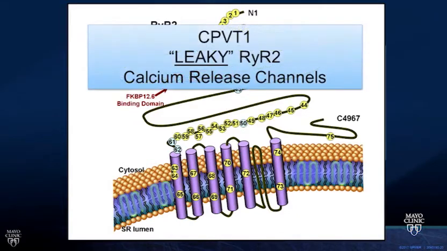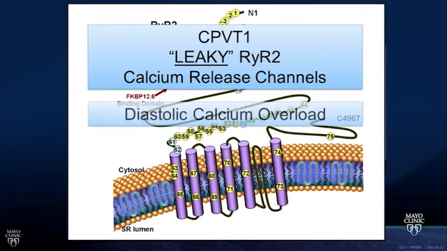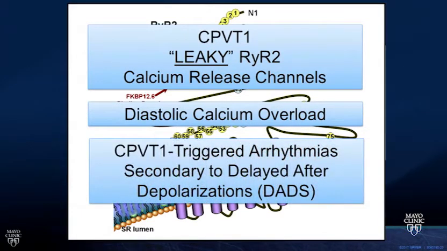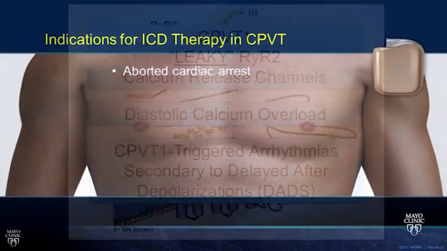So for CPVT, genetically we're dealing with leaky ryanodine receptors that cause excess calcium in diastole, mimicking pharmacologic digoxin toxicity and predisposing to arrhythmias through delayed afterdepolarizations that you heard about during the previous lecture.